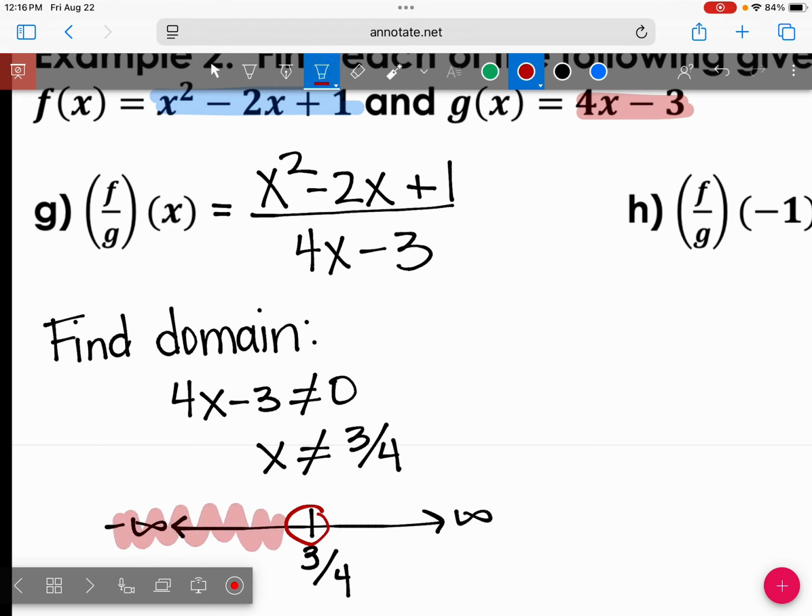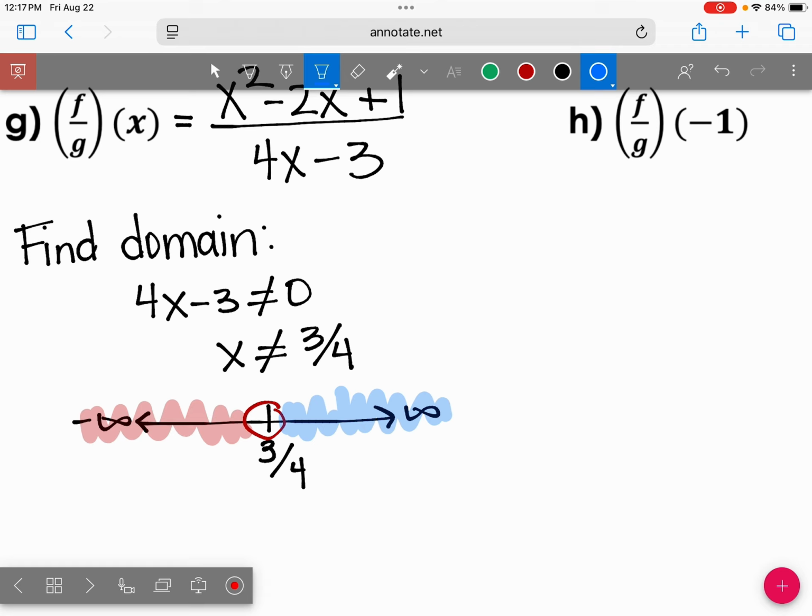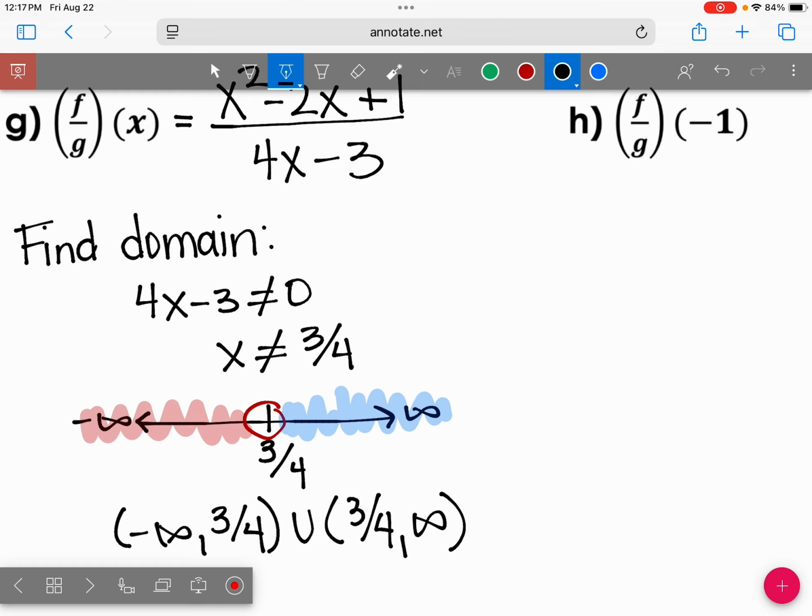So I would have this side of my interval and this side of my interval. If it asks you for the domain, you would say negative infinity to 3/4. Is that going to be a soft bracket or a hard bracket on the 3/4? Soft, because it cannot equal it. Union 3/4 to positive infinity.